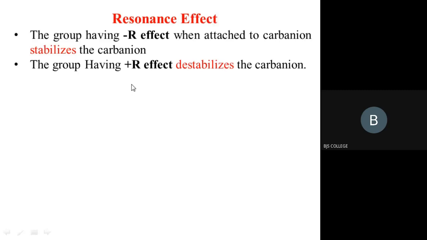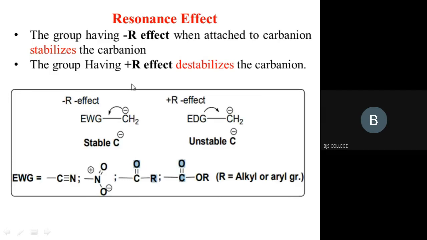So minus R effect stabilizes the carbanion, whereas plus R effect destabilizes the carbanion. Again, if you have an electron withdrawing group in your benzene ring, that becomes a minus R effect. The CH2 minus will give its electron to the ring, and because of that, it becomes stable.